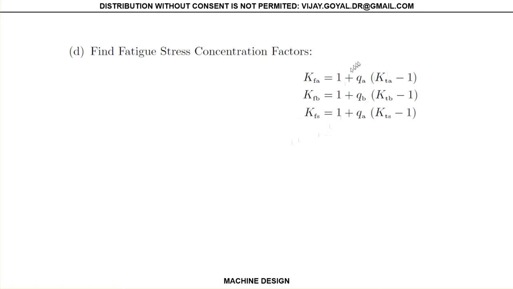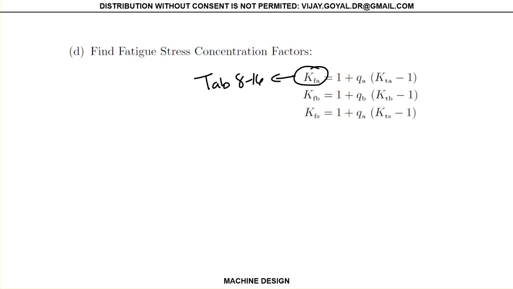Just note that in some cases, you may be able to just find this value directly from table A16, as I just told you a few minutes ago. So that's how you will find this.